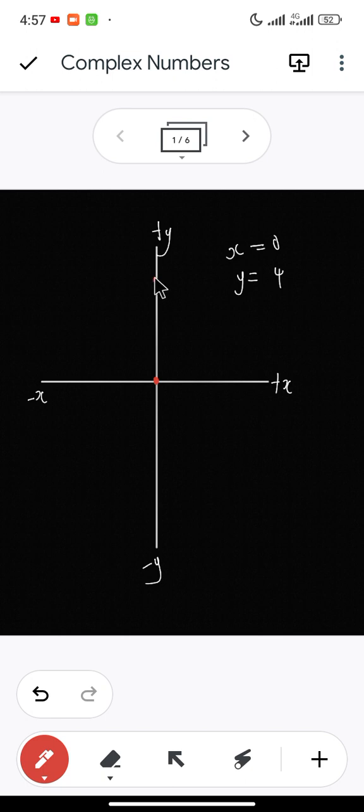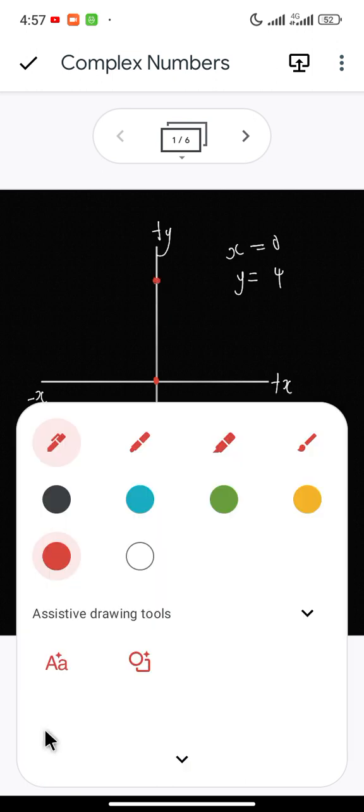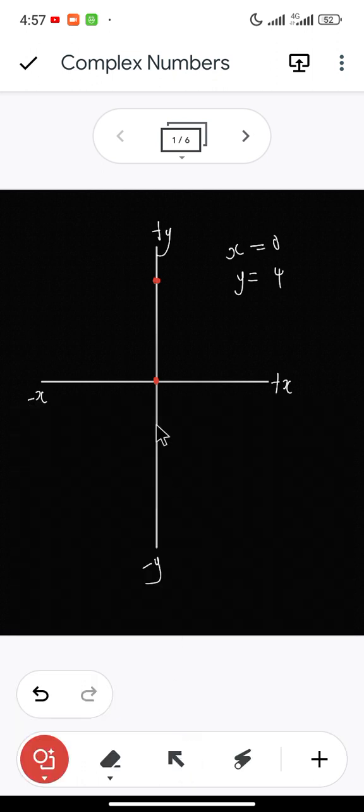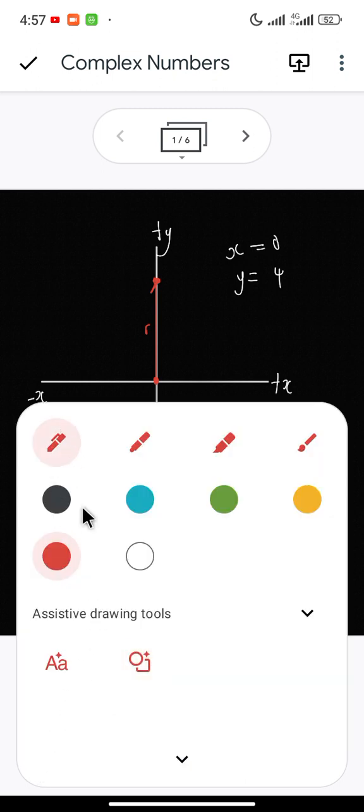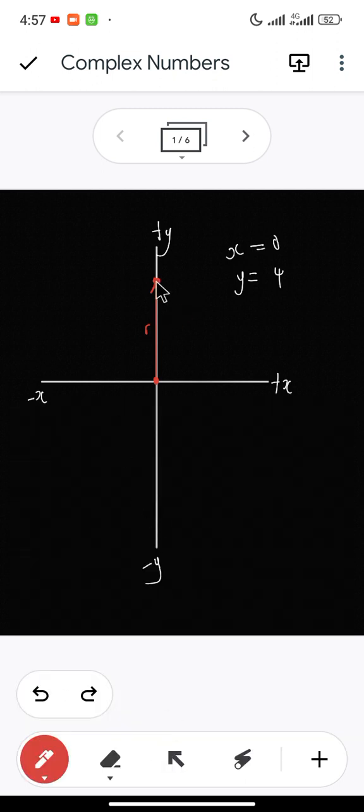So I have 4. Now we're going to connect these dots. And this is your modulus r. So obviously the angle between positive x and r is going to be 90 degrees.